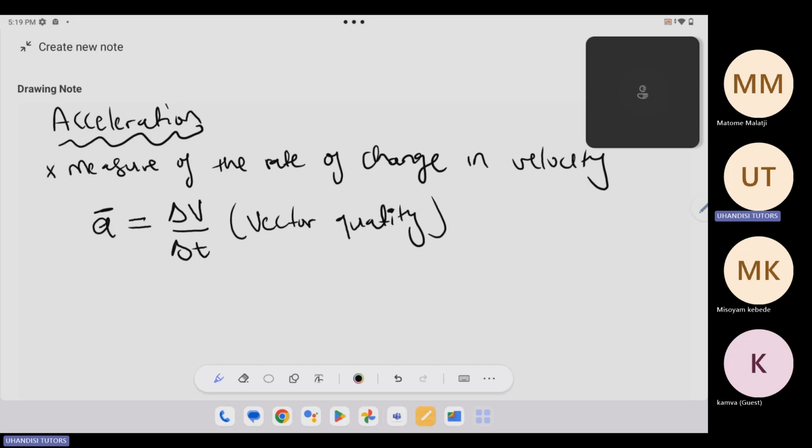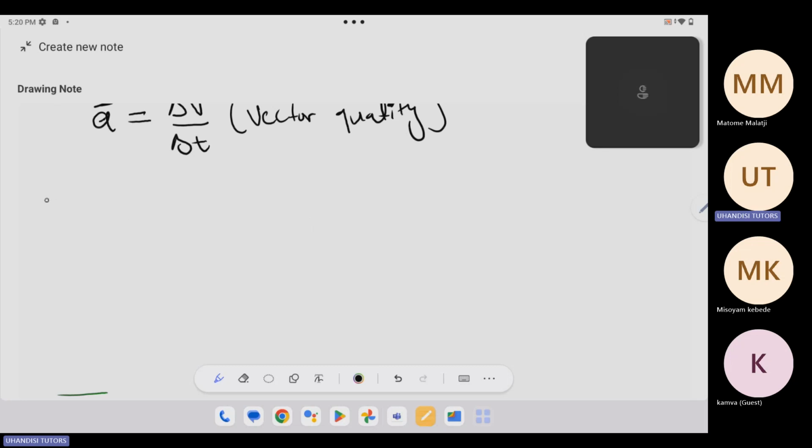Okay, so now the question is, how does acceleration occur? Acceleration can occur in two ways. Acceleration can either occur by the change in the magnitude of the velocity vector, or it can occur by the change in the direction.